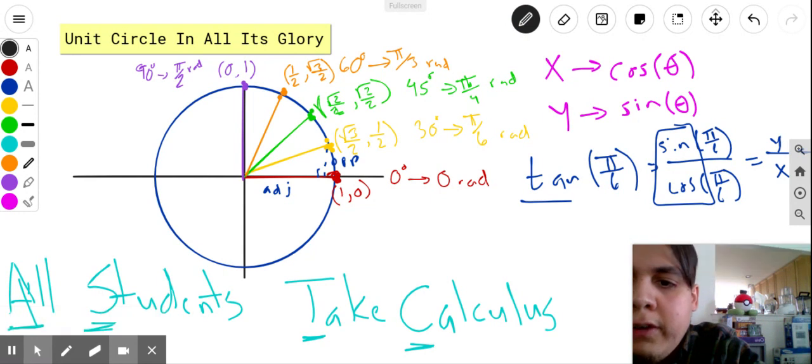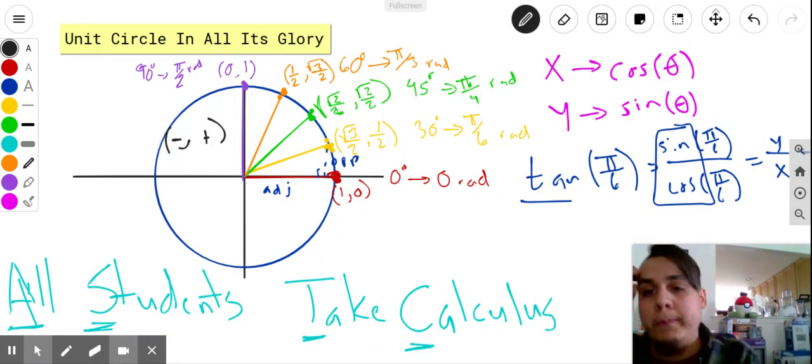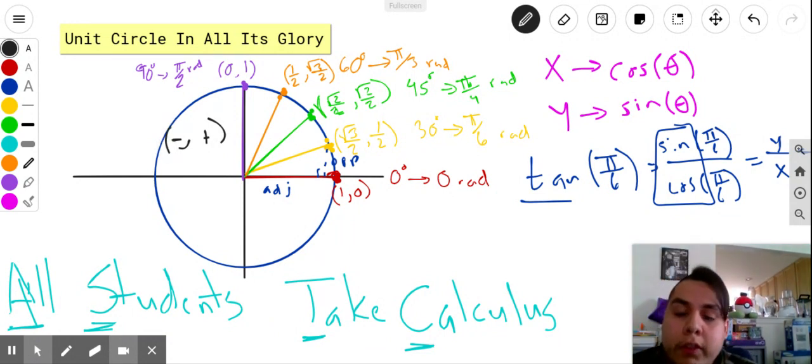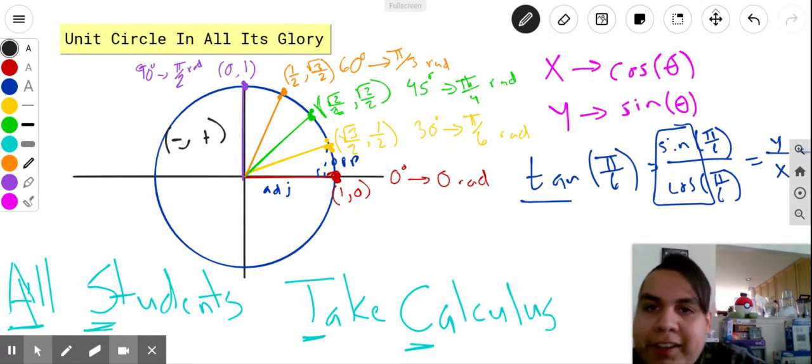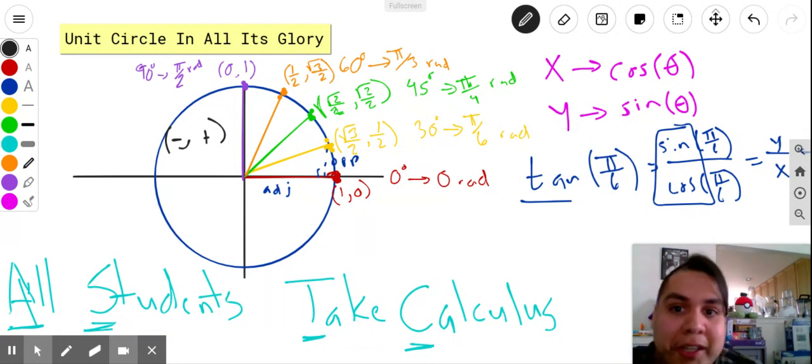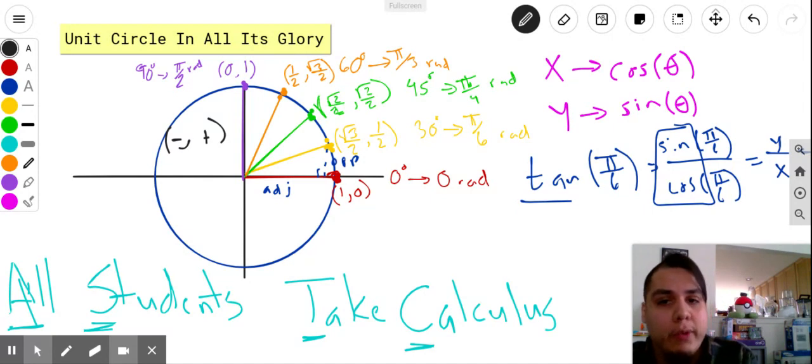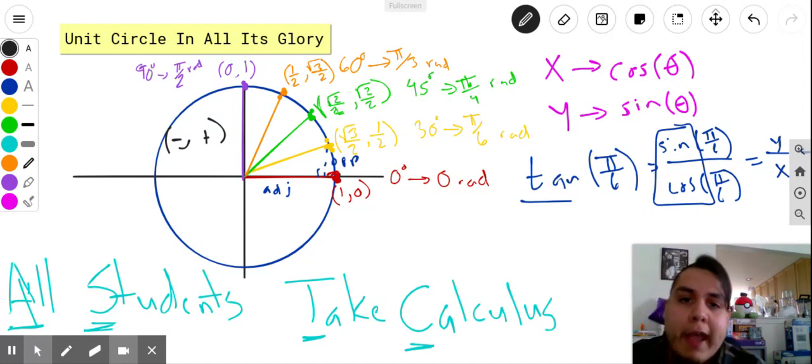Everything in here would have a coordinate point kind of like this. If you notice, the y value is positive. Since the y value refers to sine, that's why I say students, because S for sine, that's what happens in the second quadrant. Everything else would have to be negative.